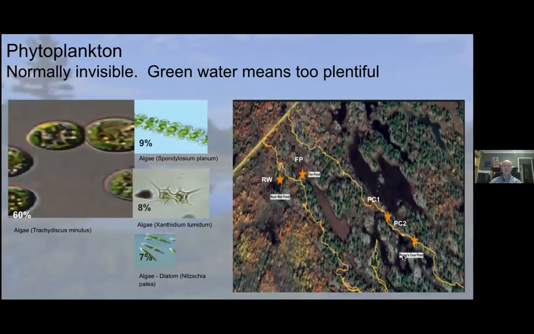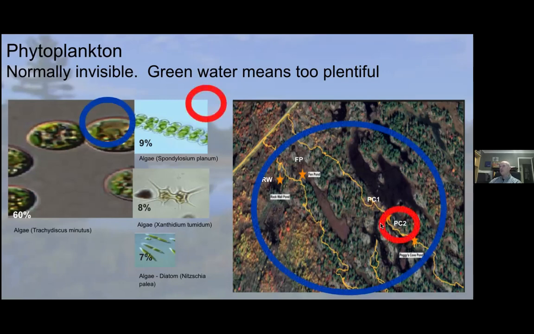So the next grouping was phytoplankton and cyanobacteria. Phytoplankton is normally invisible, so usually there may be 1,000 of these in a single drop of water. And all of these species were found at 100% DNA match. And the one here in the top left was represented in all 4 ponds, and the others slightly less so.